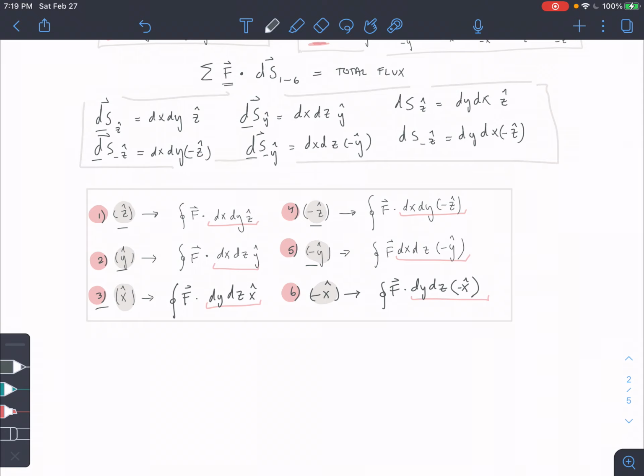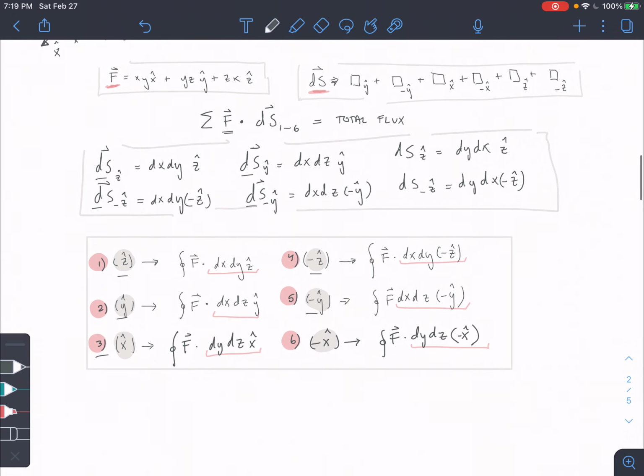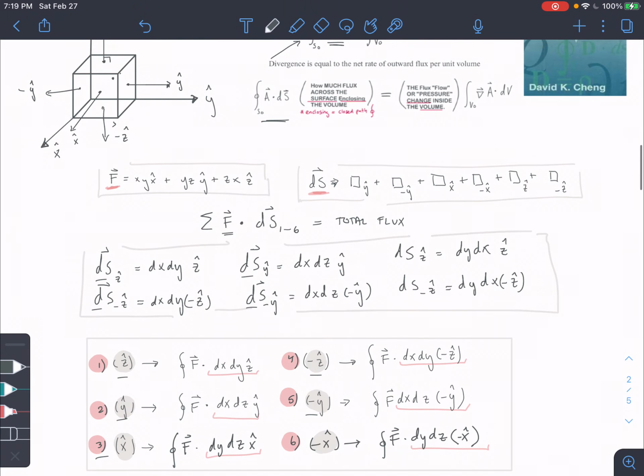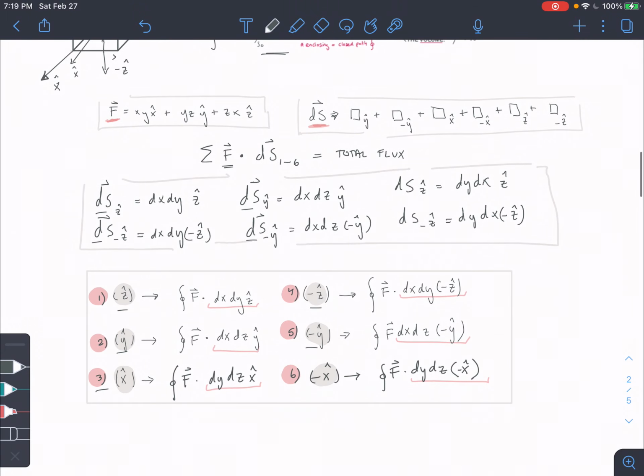Oh, did I do z twice? I did do z twice, didn't I? Confused myself. Let me just show you real quick. So x and negative x. And hopefully you're two steps ahead of me at this point and can guess what that is supposed to be.